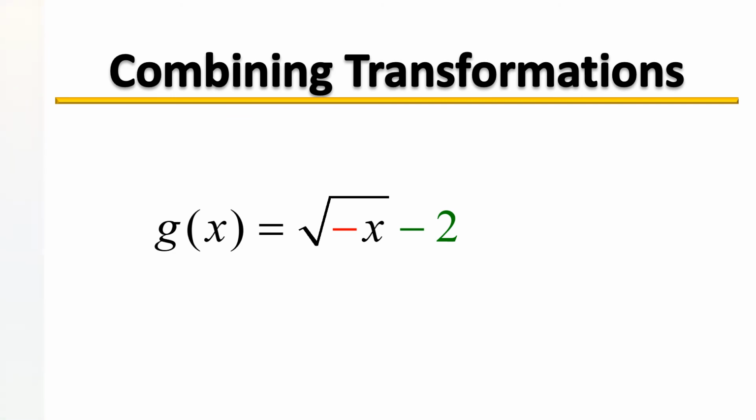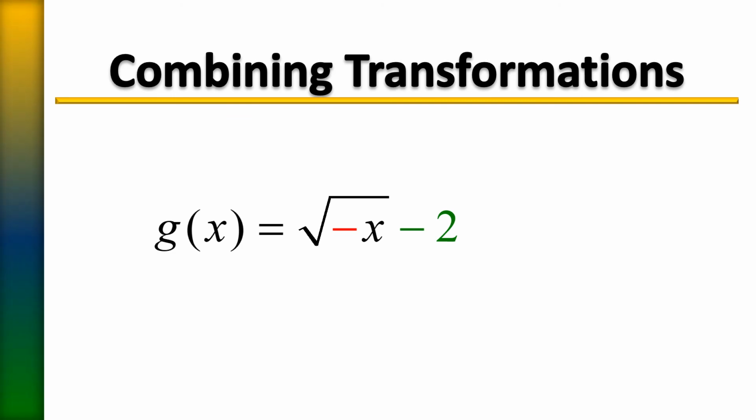So what did we do to this function? Notice the negative is within, and horizontal is always within. So this means that this was a reflection about the y-axis. And in the back, what do we have?